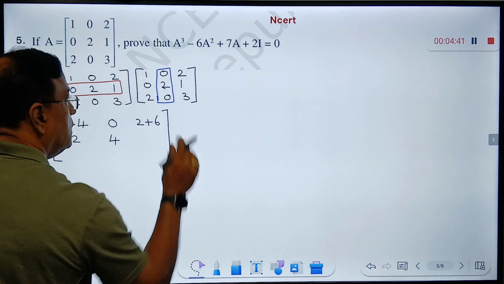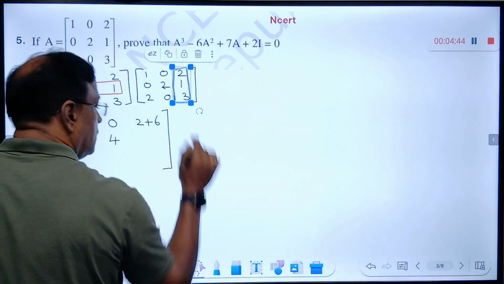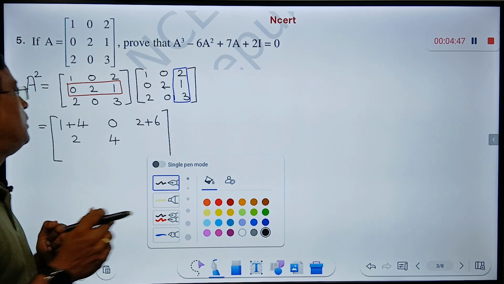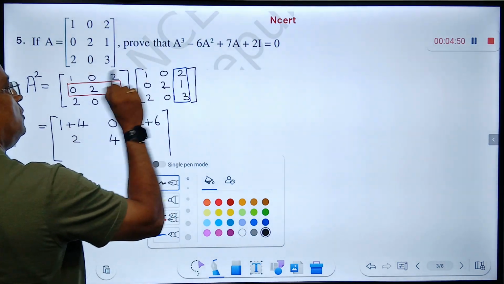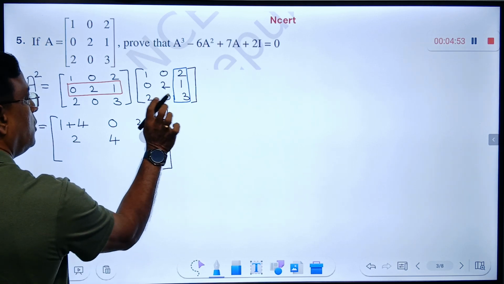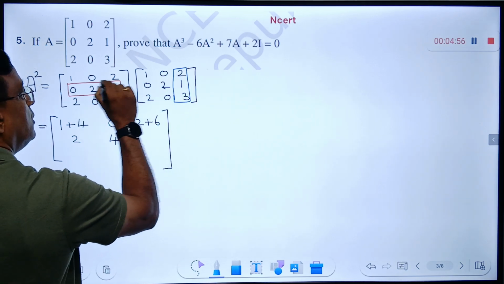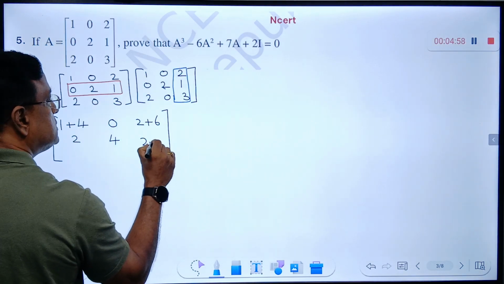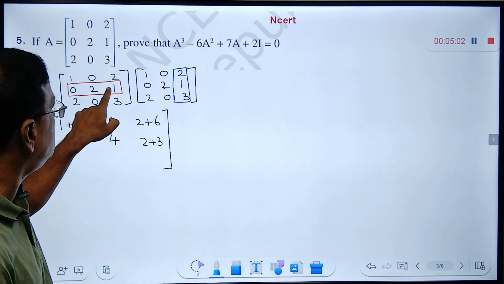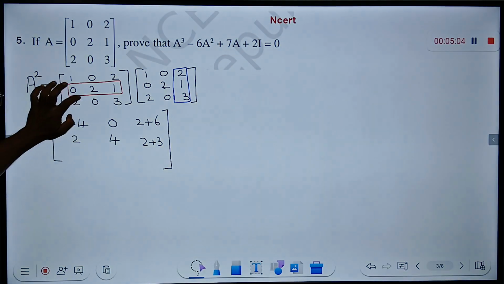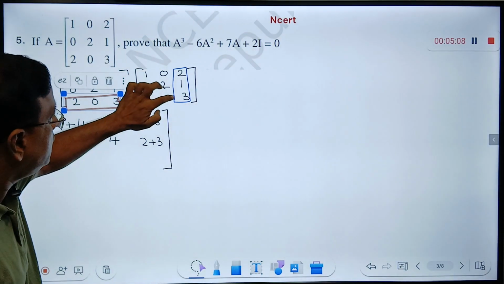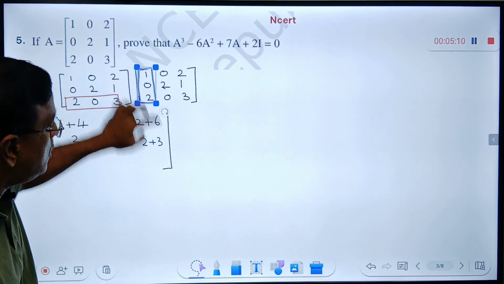Then shift this to the next column. What is second row, third column? Second row, third column will be 0, 2 and 3. I'll write the elements 0 and then 2 plus 3, we'll add later. Okay, now bring this to the third row and reinitialize this to the first column.